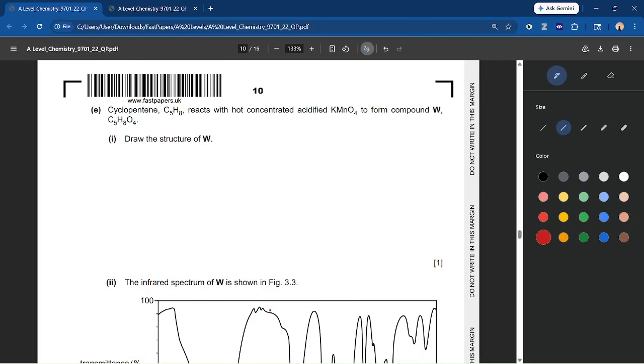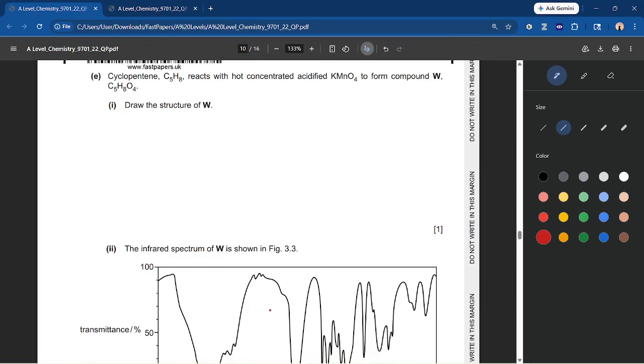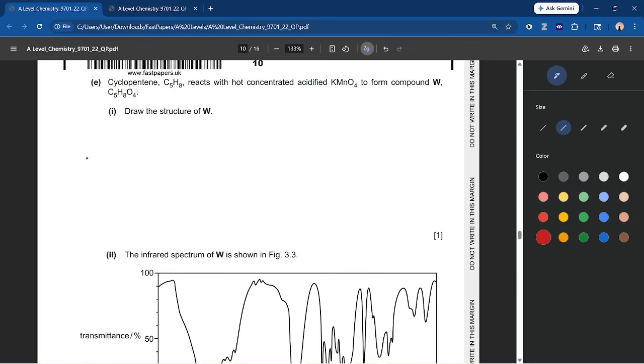Cyclopentene, C5H8, reacts with hot concentrated acidified potassium manganate to form compound W. So draw the structure of W. So cyclopentene, if I were to draw it, looks something like this, and then you've got your double bond over here.